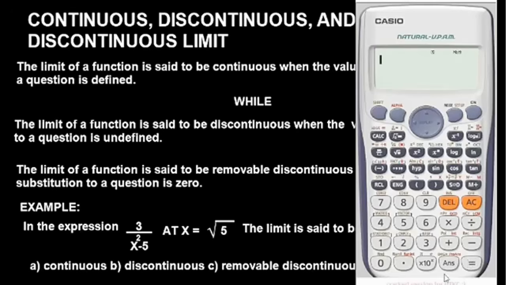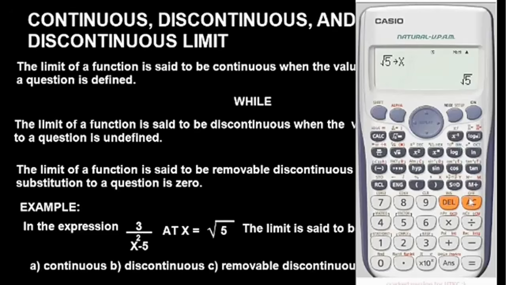We start by pressing square root of 5. Then to store it, you press Shift, store, x. This arrow sign indicates that this value, square root of 5, has been stored as x in this calculator.